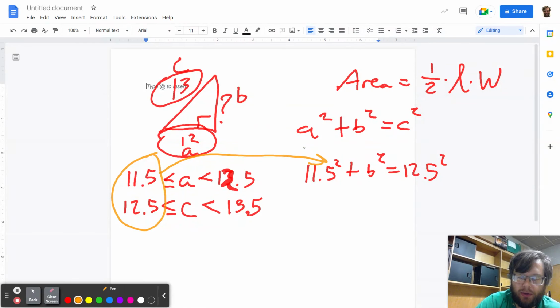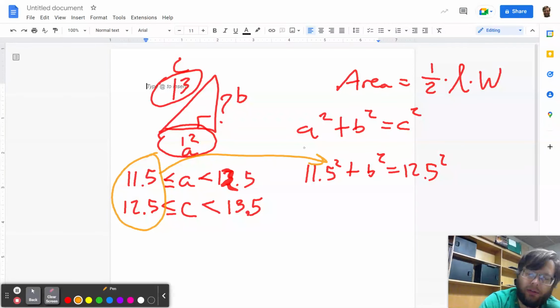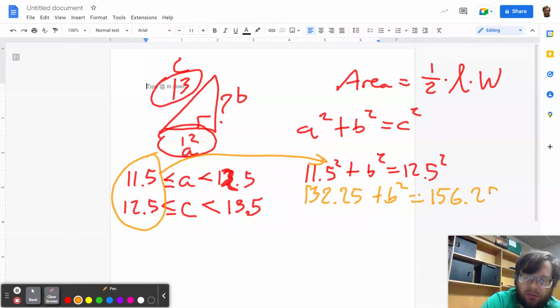Okay, so 11.5 squared is 132.25. And then 12.5 squared is 156.25.